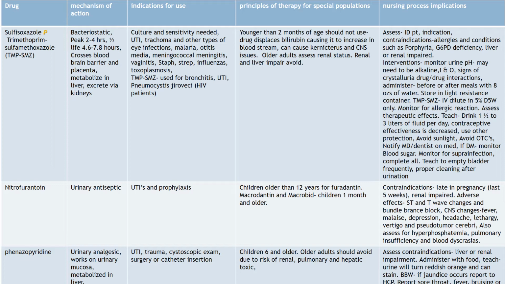Those can also cause an increase of this drug in the serum or in the blood. Also, warfarin can cause an increase in blood clotting when given with this drug.